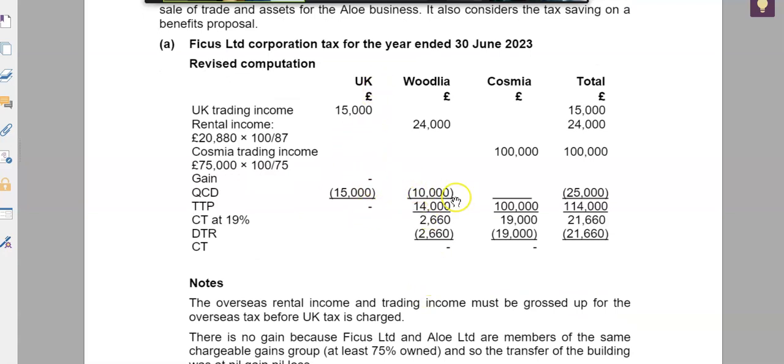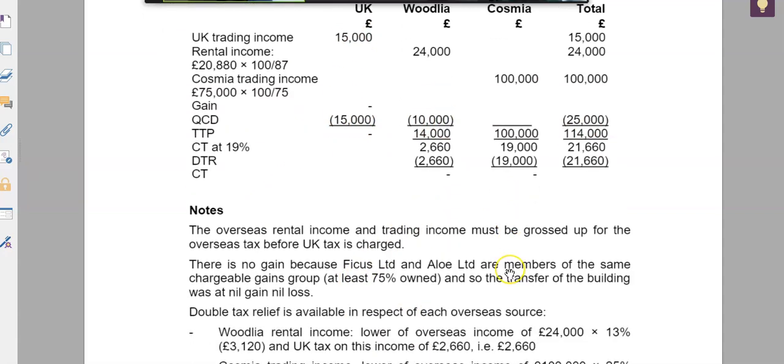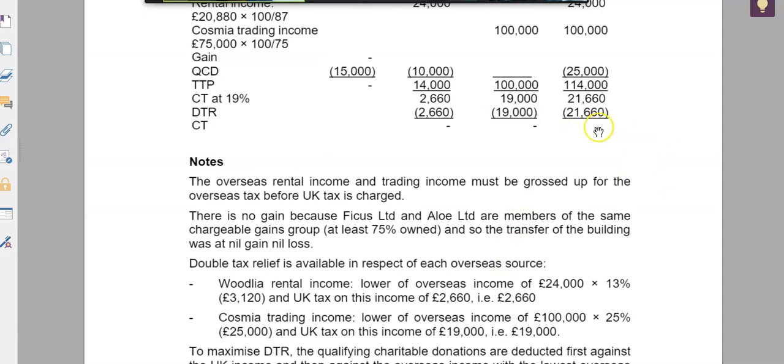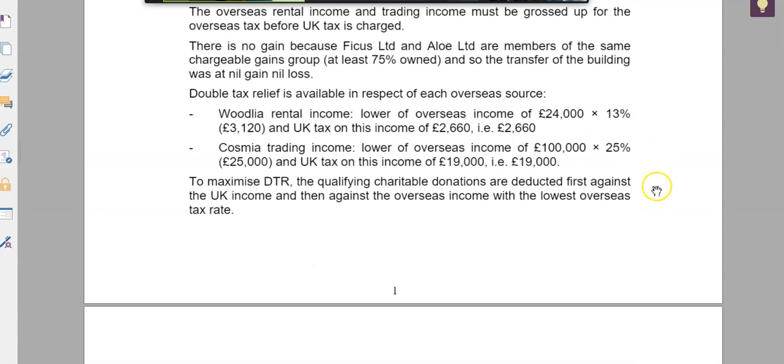Okay, so we deducted the 25,000 from the total because we made the total, but it was 15,000 UK and 10,000 overseas. I guess this was not clearly mentioned in the question. So the rest is the corporation tax liability, which we calculated is also 0, and paid is also 0.